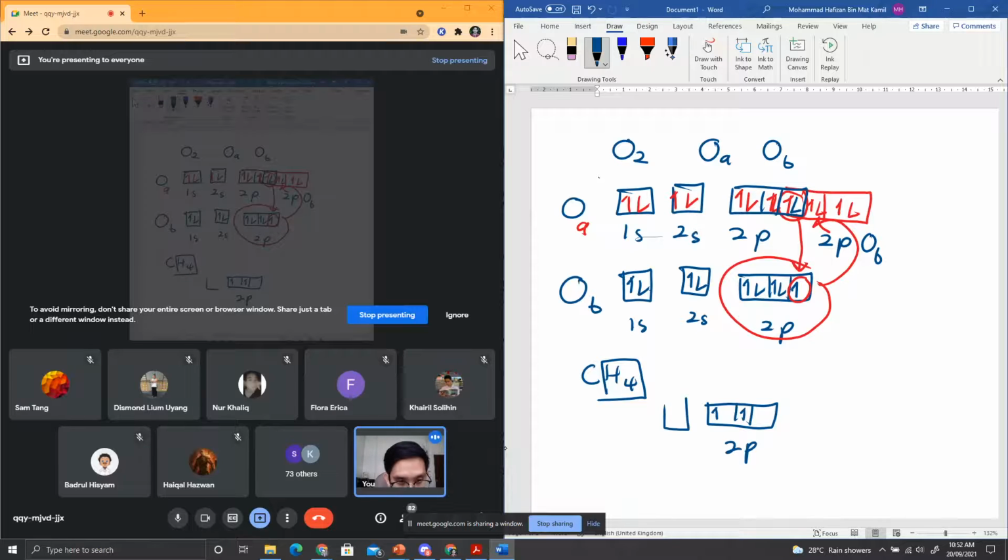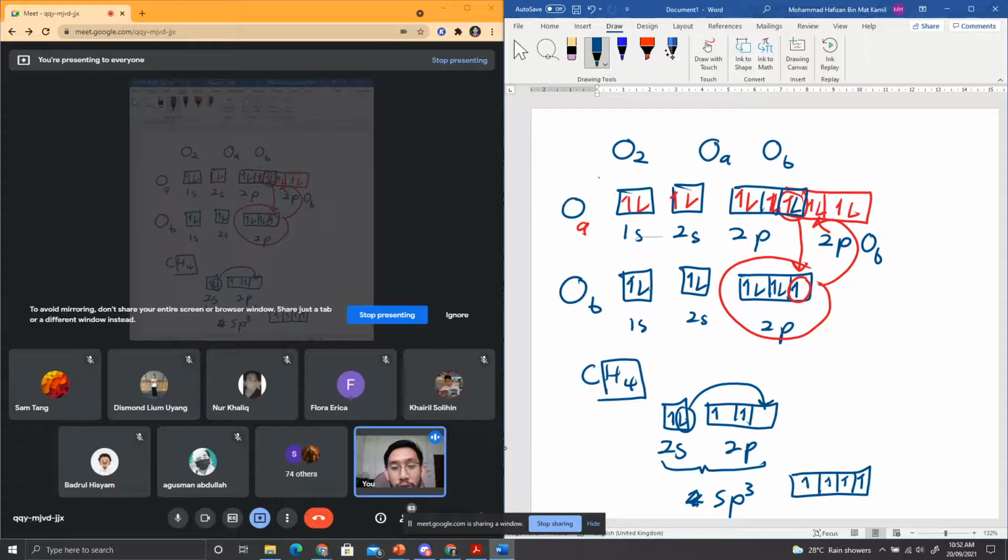That's why we took account of the 2s. Kita campur dia menjadi hybrid orbital, which is sp3. That's why every electron is singly filled. Then baru kita boleh ambil 1 electron each from hydrogen untuk pairkan.